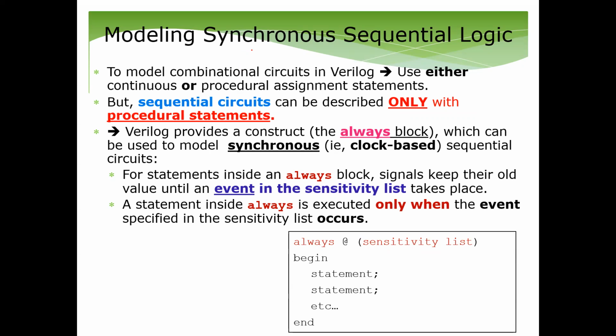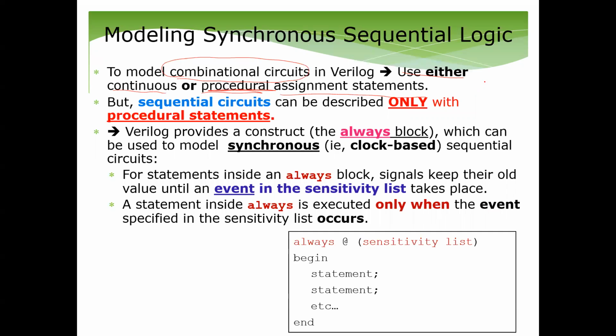So in this section we'll start modeling synchronous sequential logic. What we covered so far in this course was modeling of combinational circuits, and we saw many ways to do that. We can use continuous assignment statements, either using assign or structural modeling, and we can use procedural assignment.